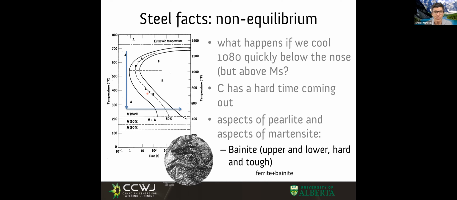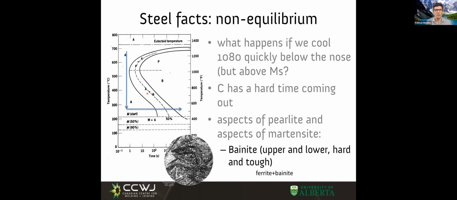It's a hybrid transformation, and some people would say the product of transformation is bainite, but there are so many different names for the product of this bainitic transformation. I'm not going to worry about what we call the end product, and we're going to discuss the many types of end products of this bainitic transformation today.